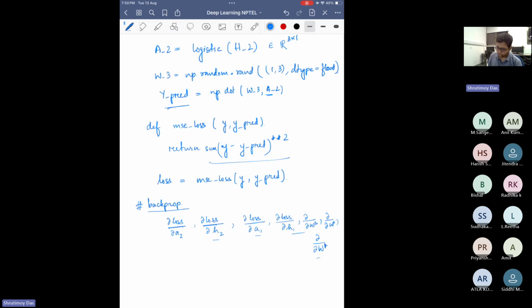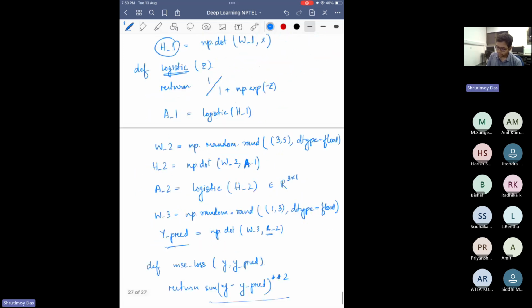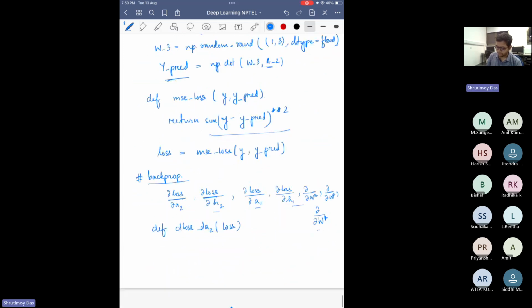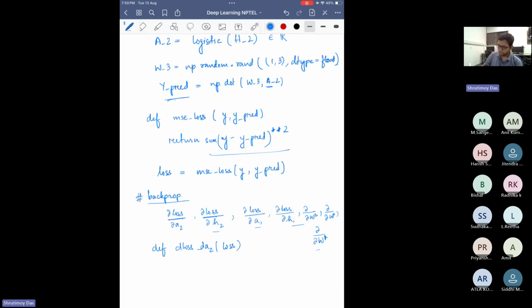So for this, you define a function. I say define derivative of loss with respect to, say, A2, dloss dA2, and I input my loss here. Because I am using MSE, what is your MSE? MSE is basically the summation of (y minus y pred) squared.